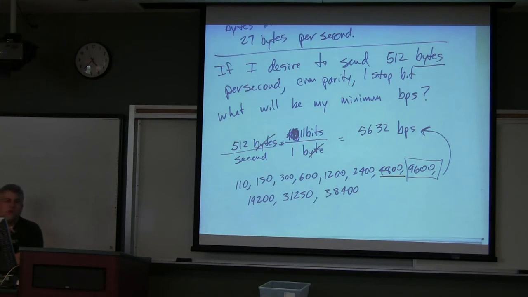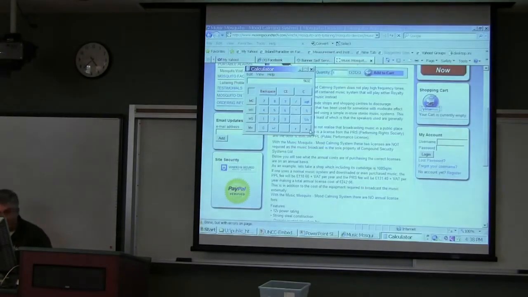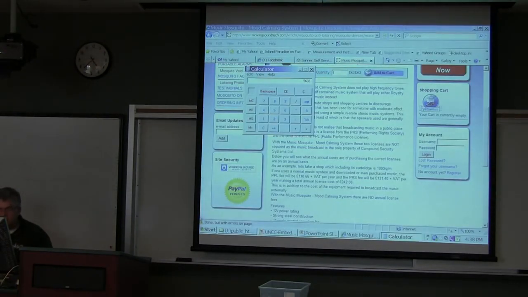Not all the things you're communicating with are PCs capable of more than 112 kilobits per second. So a lot of devices just cannot communicate that fast. That's why you would choose something a little bit slower. All right, that's a little bit of basics. Let's go on.